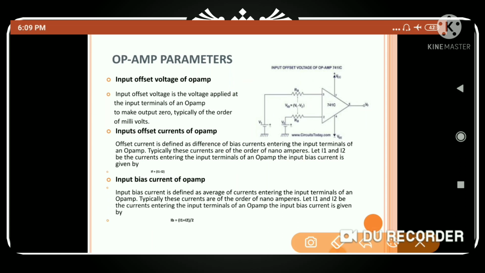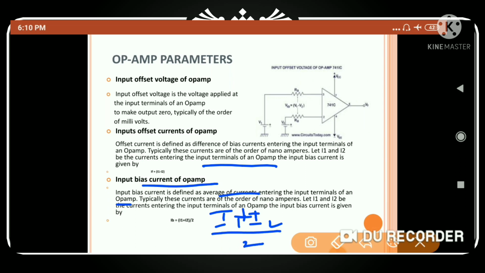So the next one, input bias current of an op-amp. In the previous case we defined input offset current; here we have to define input bias current. Input bias current is defined as the average of the currents entering the input terminals of an op-amp. What does average mean? I1 and I2 are the two input currents, and we take the average of these bias currents: I1 plus I2 divided by 2.